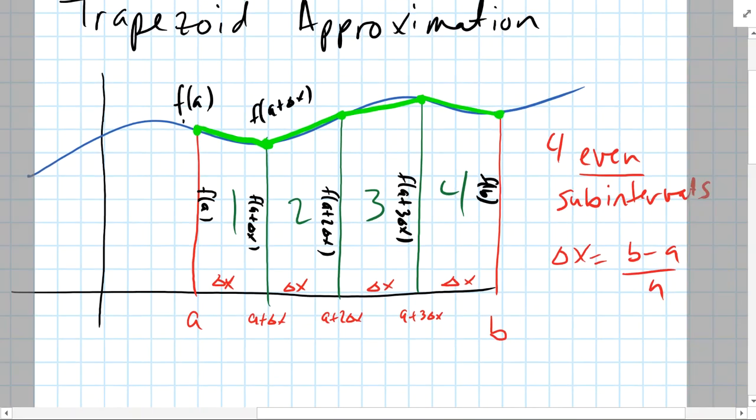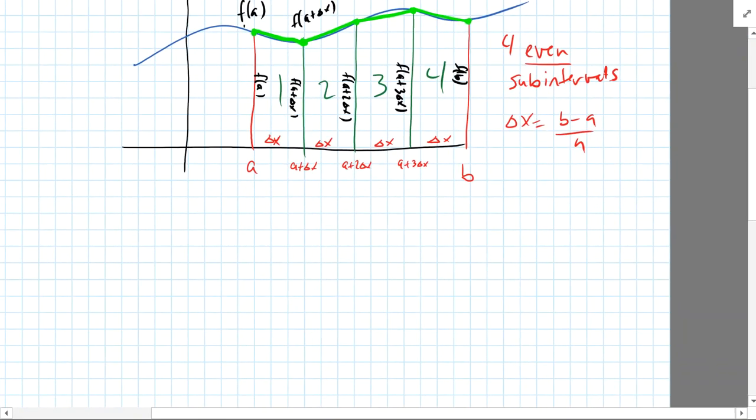Here we go. You ready? So do you remember the area of a trapezoid? Do you remember anything from geometry? Area of a trapezoid is equal to base 1 plus base 2 over 2 times the height, right?